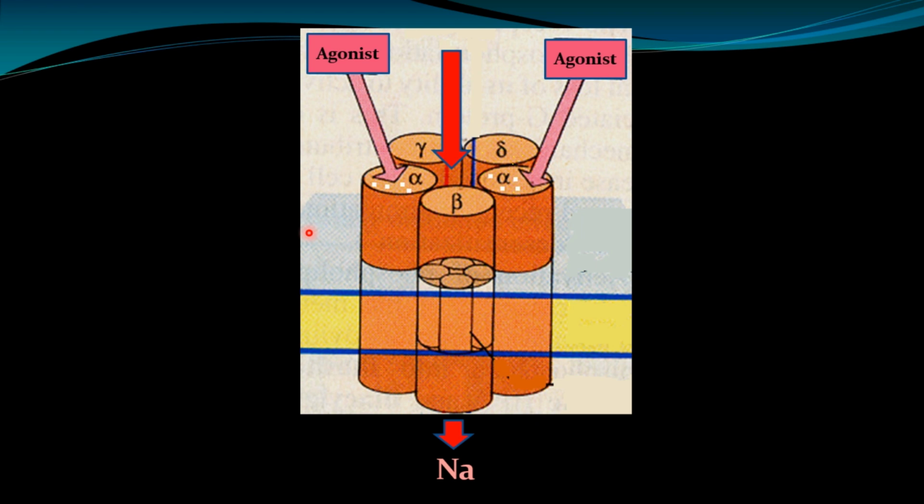And when this receptor is linked with the sodium channel, there will be the entry of sodium inside, and it generates the action potential and produces the excitatory response or excitatory effects. An important example of such a receptor is acetylcholine. Acetylcholine is the ligand for this ion channel receptor.